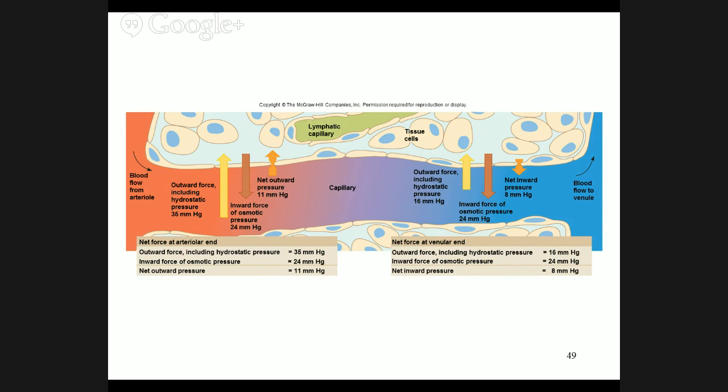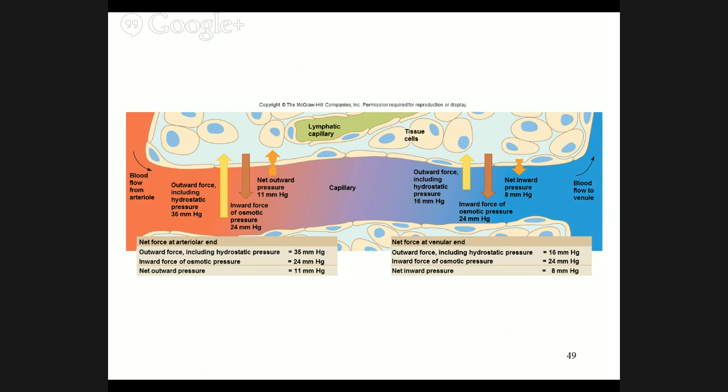Blood flows from the arteriole. The outward force, including hydrostatic pressure, is 35 millimeters of mercury. And there's an inward force of osmotic pressure of only 24 millimeters of mercury. So that creates a net outward pressure of 11 millimeters of mercury.